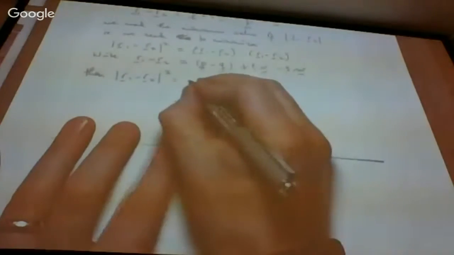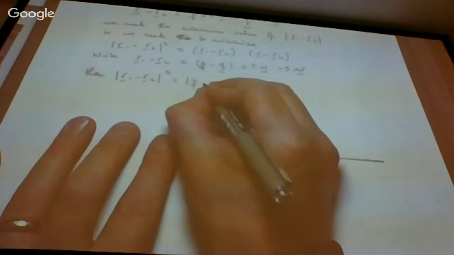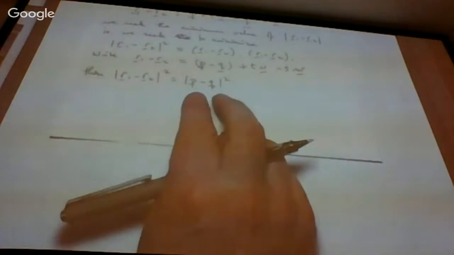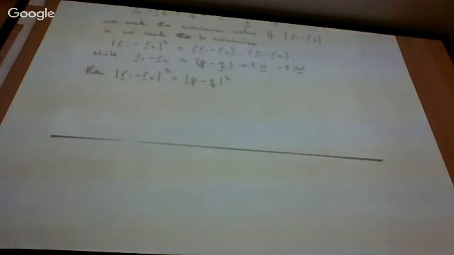I'm going to get a term which is the inner product of P minus Q with itself. I put P and Q together like that because P and Q are both specified as part of the problem. They're the two fixed reference points. So the magnitude squared of the vector P minus Q comes to us easily as part of the set.